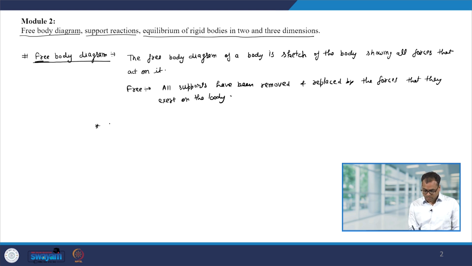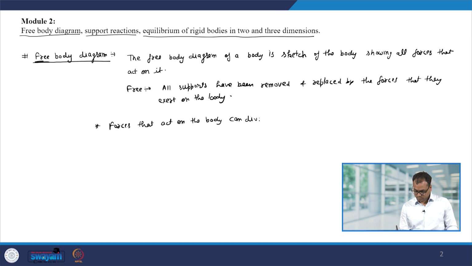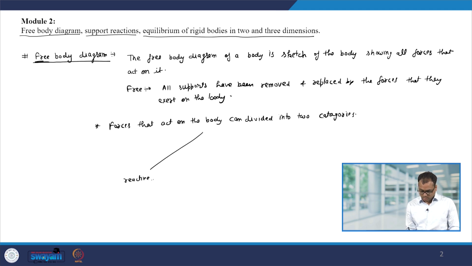Now, the forces that act on the body can be divided into two categories. So, we can have something called reactive force and we have applied force.